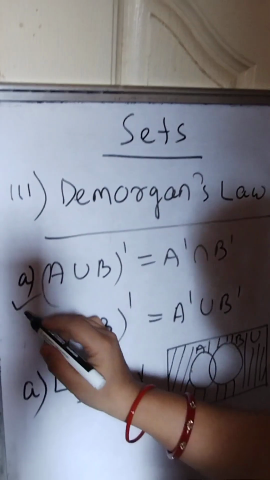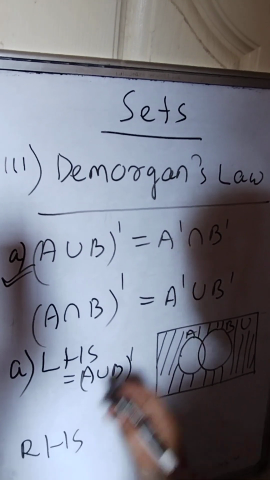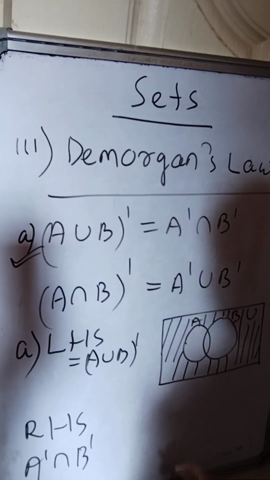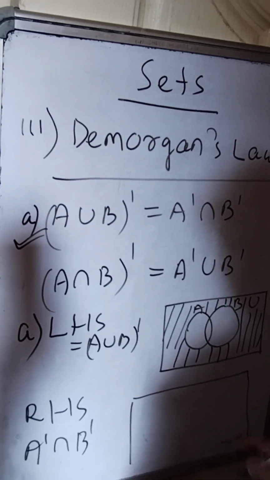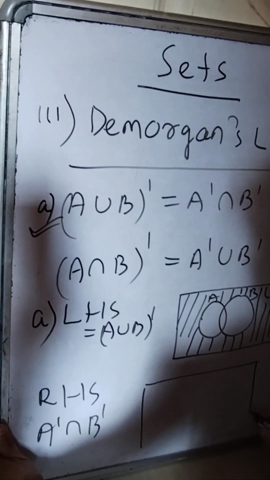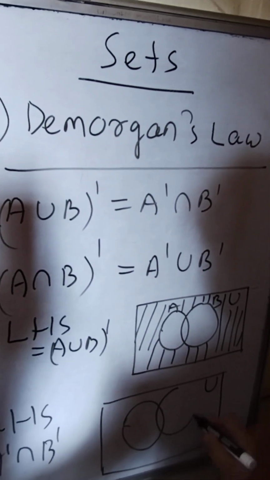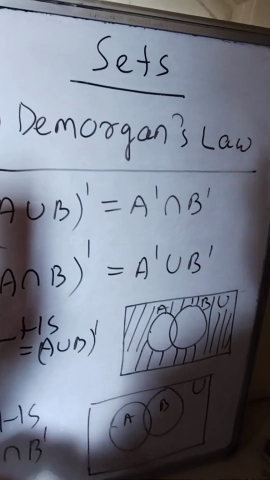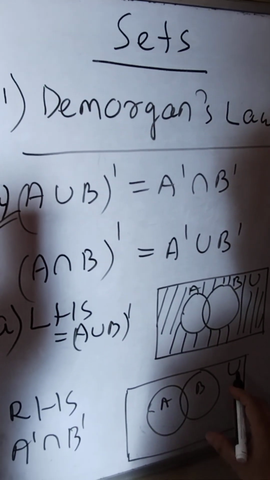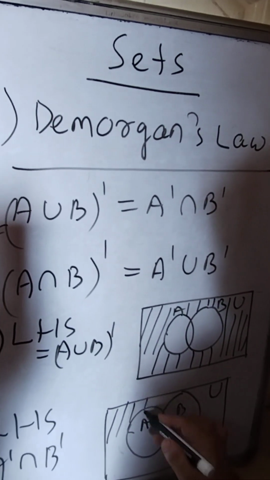Now your right hand side, we are proving the first part. Left hand side is this one, and right hand side is A complement intersection B complement. Let us show this in Venn diagram. A complement is nothing but the elements present in U but not in A. So excluding all those elements of A, let us shade the portion.